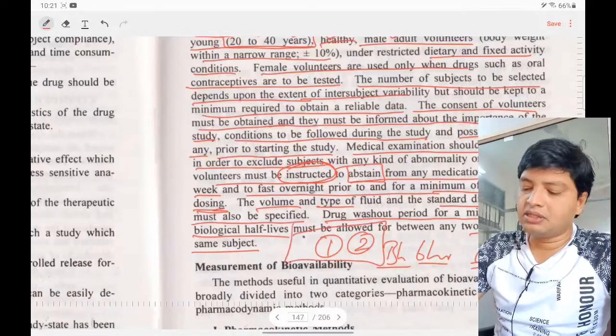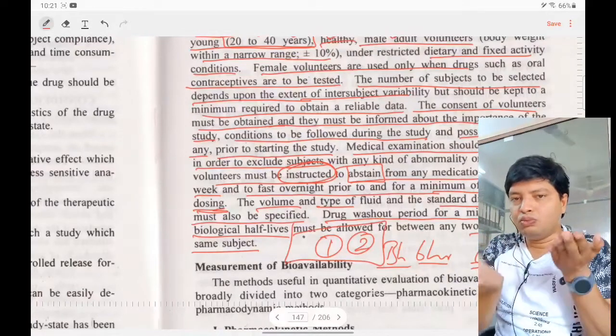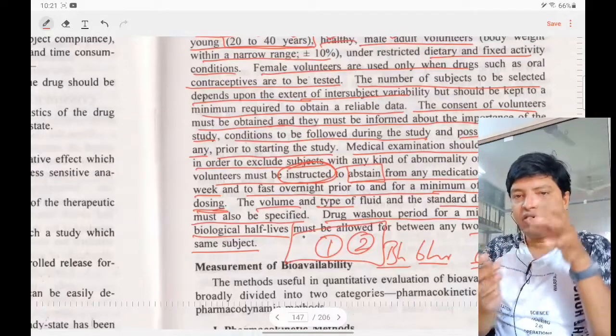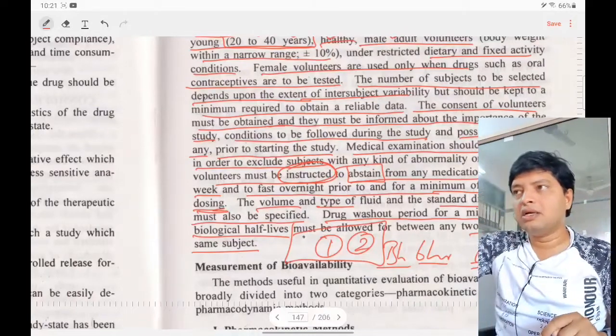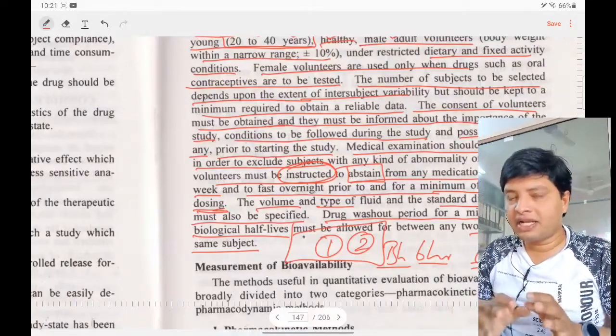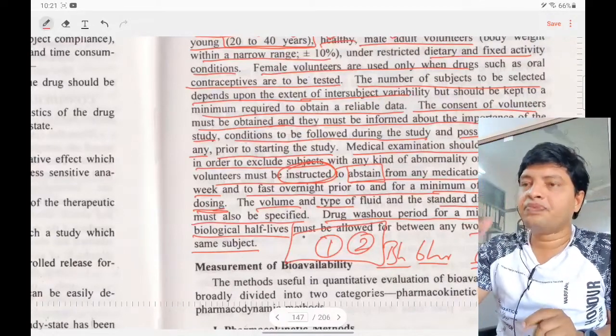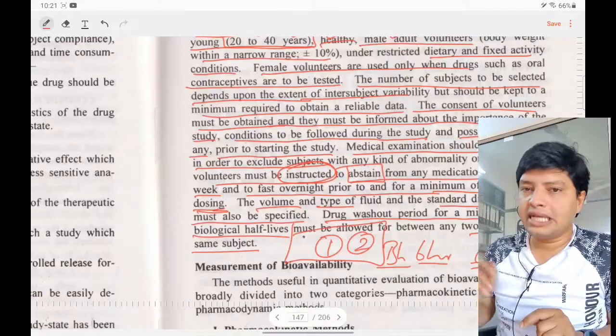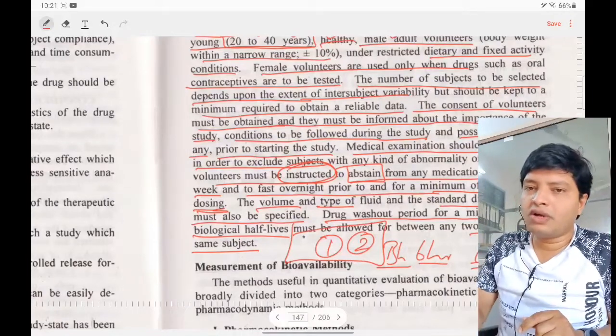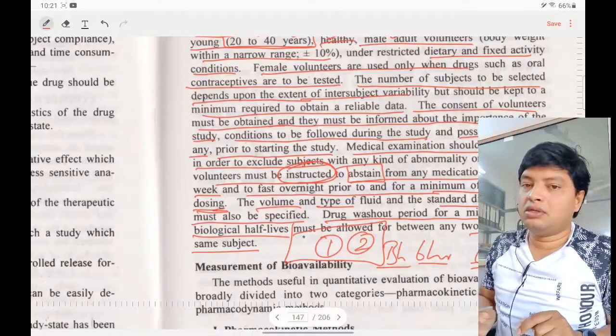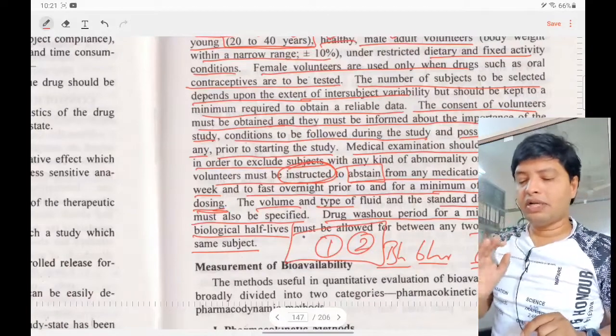Remember this. So this washout period is between two bioavailability studies. After getting the results of the first study, wait for 10 biological half-lives of the drug, then go for the second study. Don't go for the second study before the washout period. That's what you need to remember.